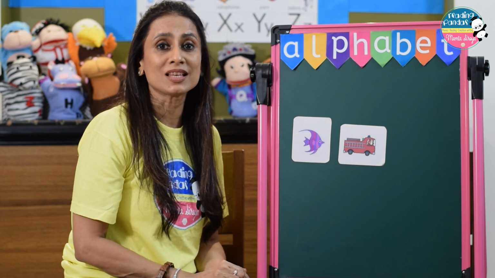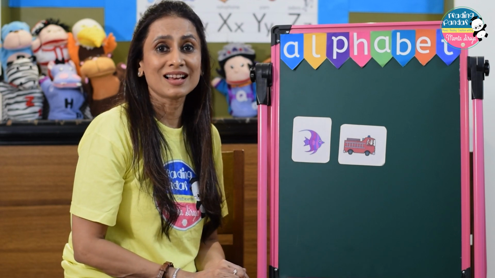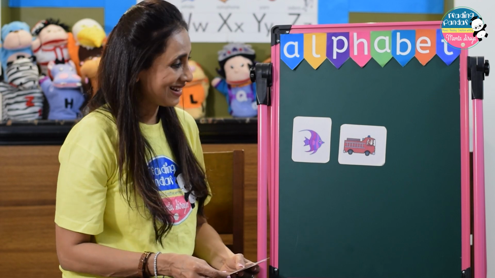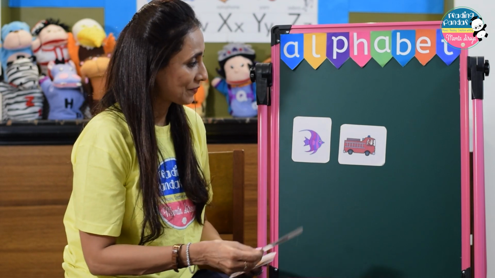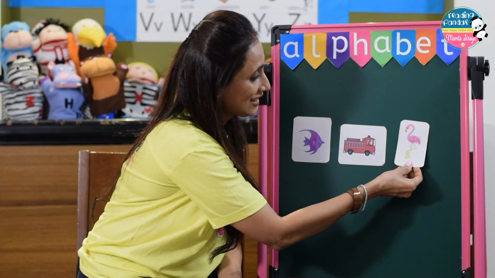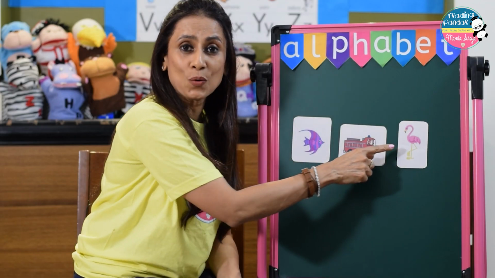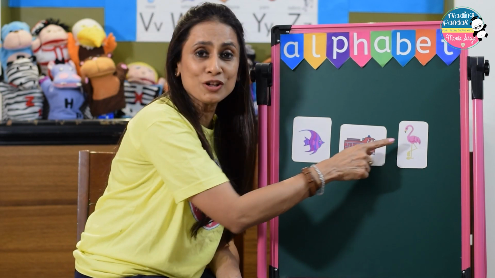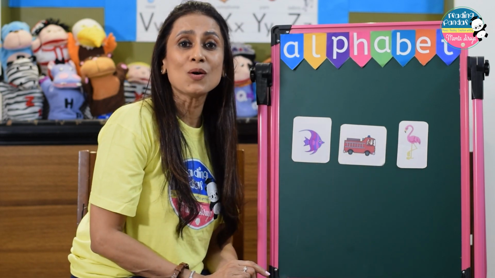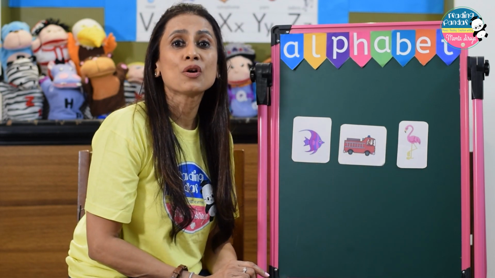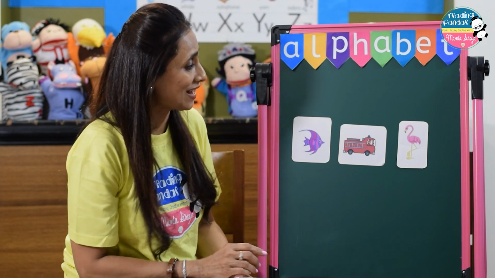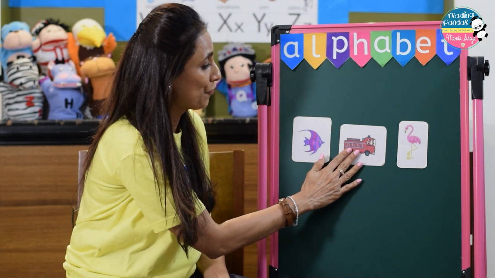They begin with the sound f. Yes. And now what's next? So this is a flamingo. Isn't it beautiful? Flamingo also begins with the sound f. Yes, and they're all letter F friends.